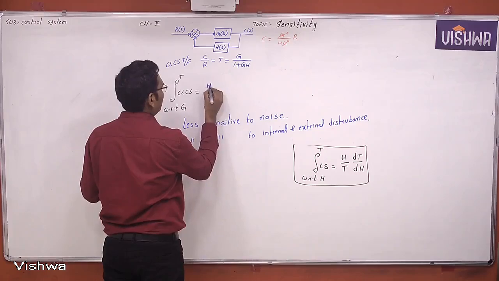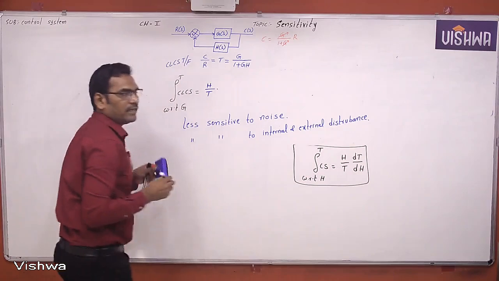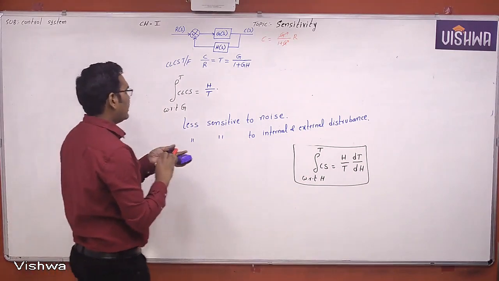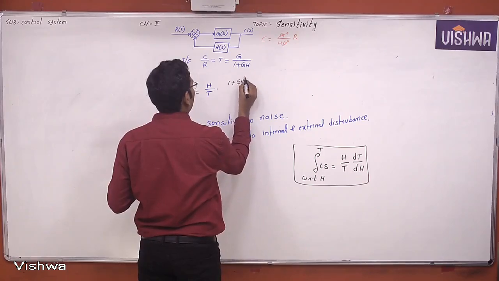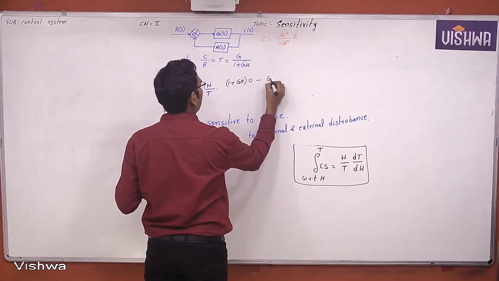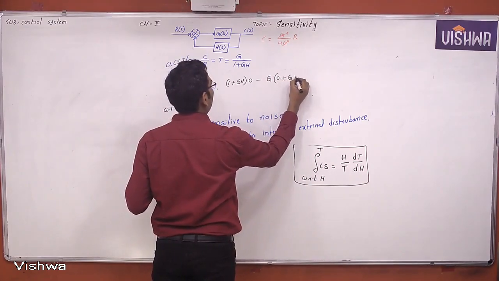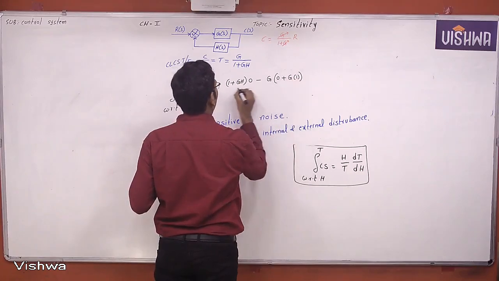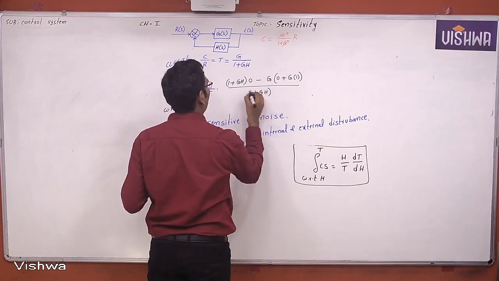Now differentiate the transfer function with respect to H. The numerator G is constant, differentiation of G with respect to H is 0, so minus G; in the denominator, differentiation of 1 is 0, G is constant, differentiation of H is 1, divided by V square, 1 plus GH whole square.